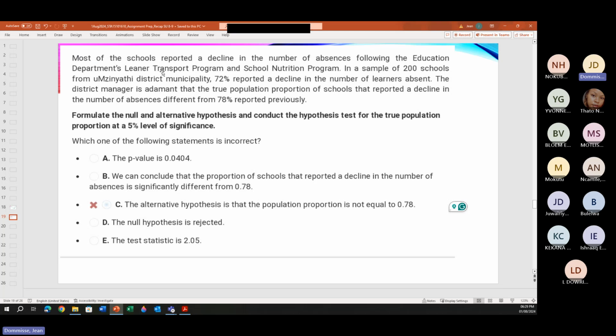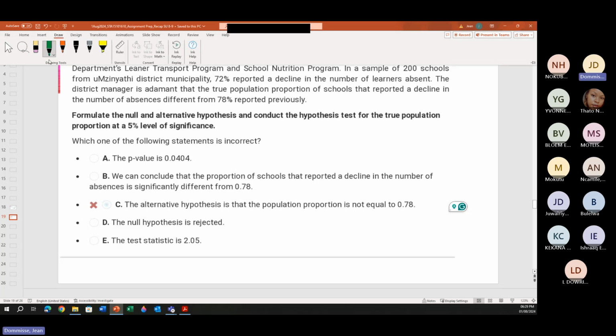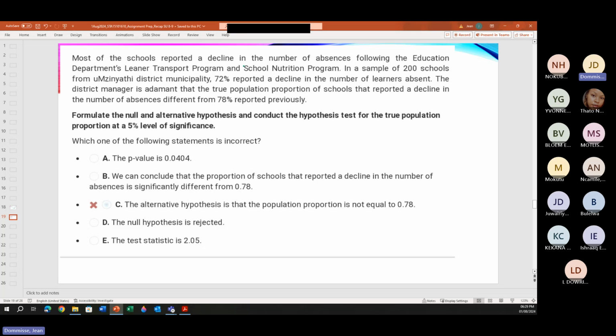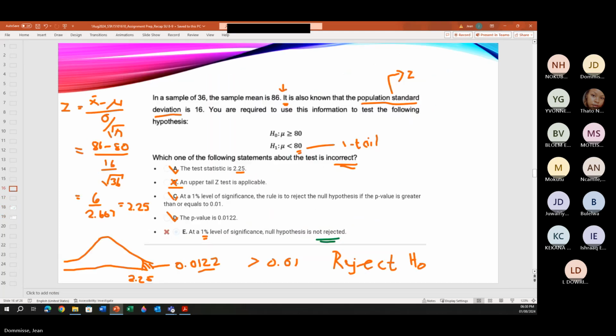So most of the schools reported, so again, you can see last year nearly everything was about learner transport. So in a school of 200, 72% reported a decline. Why does this look so familiar?